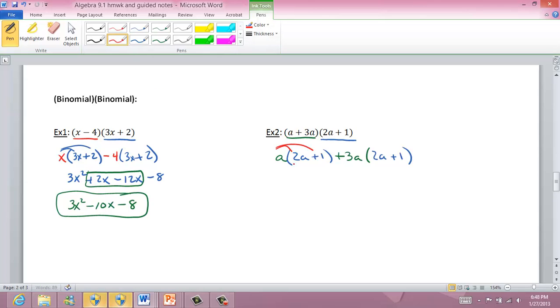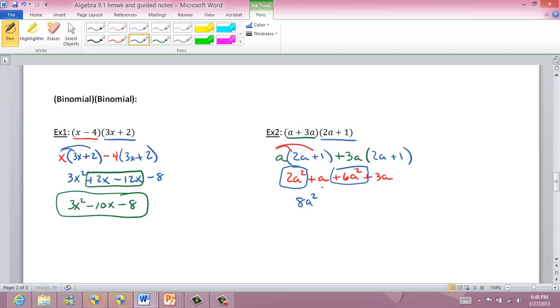Now, once I distribute, remember a times 2a is going to give me 2a squared. A times 1 is a. 3a times 2a is 6a squared. And 3a times 1 is 3a. Now, looking at this, I would go ahead and combine like terms here.